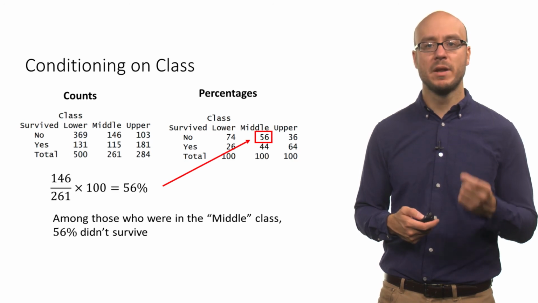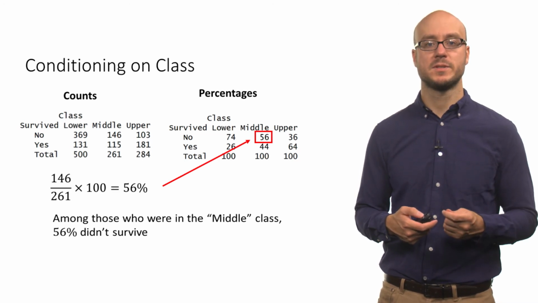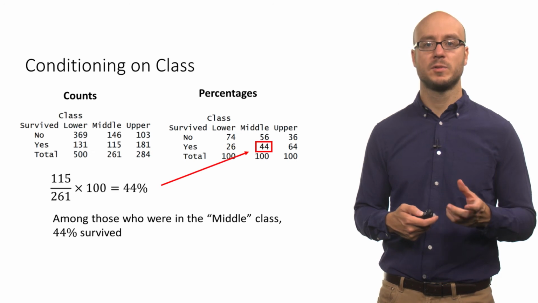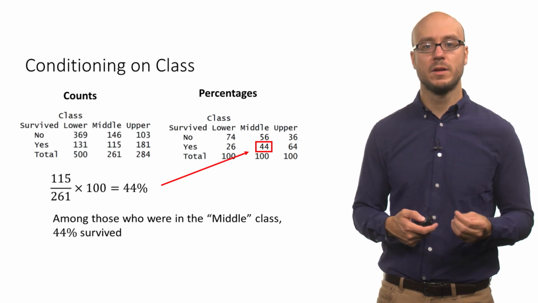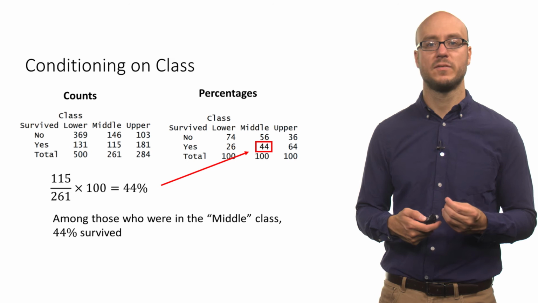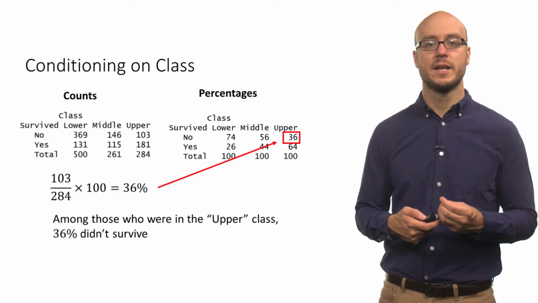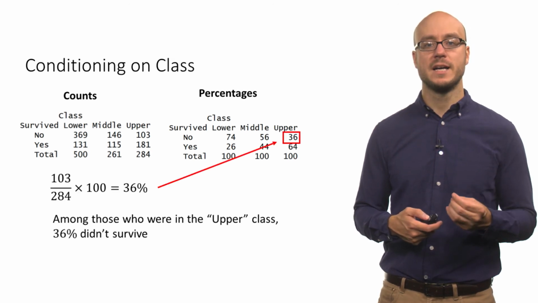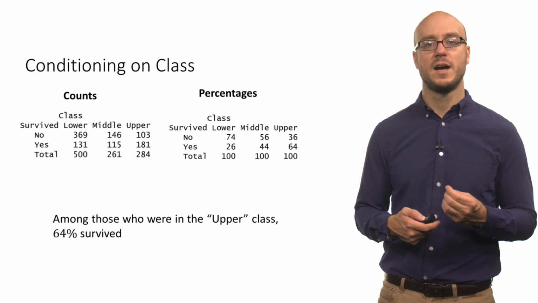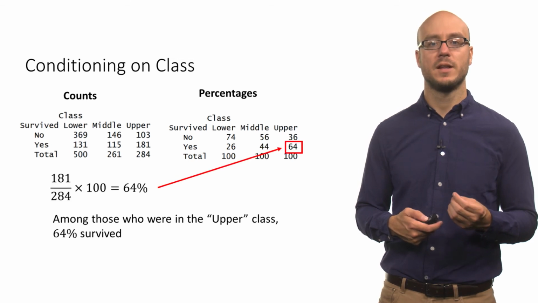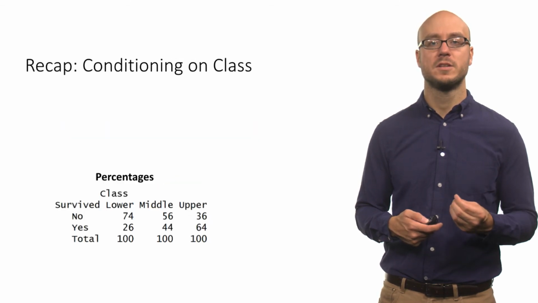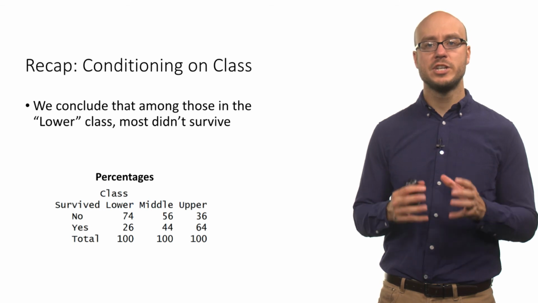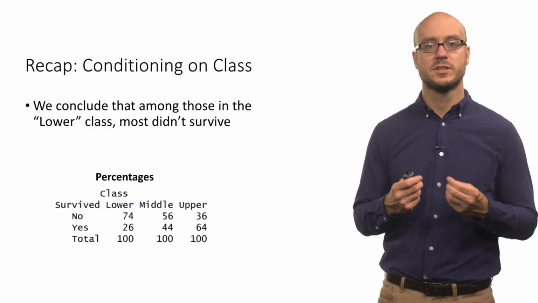Among those who were in the middle class, 56% didn't survive, and 44% survived. And among those in the upper class, 36% didn't survive, and 64% survived. So conditioning on class also suggests a relationship.